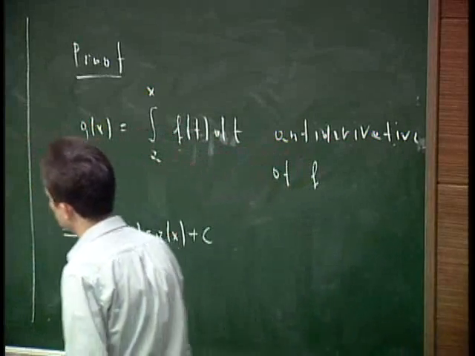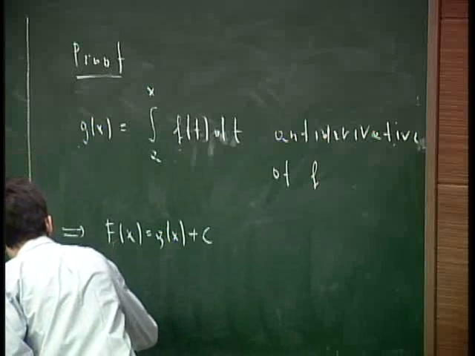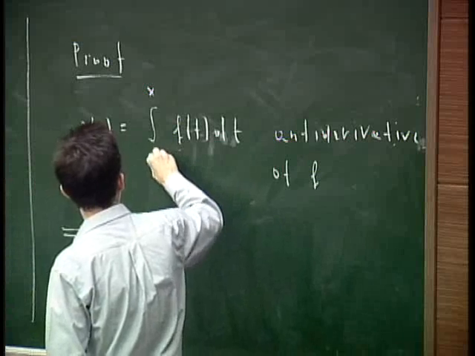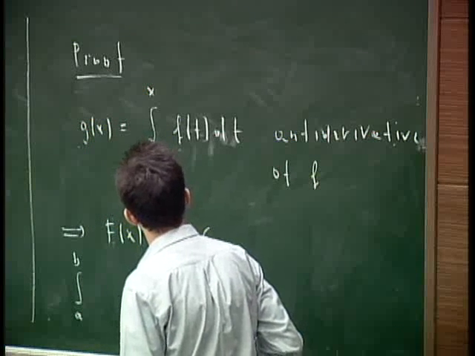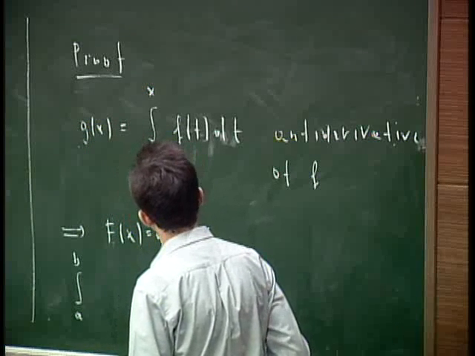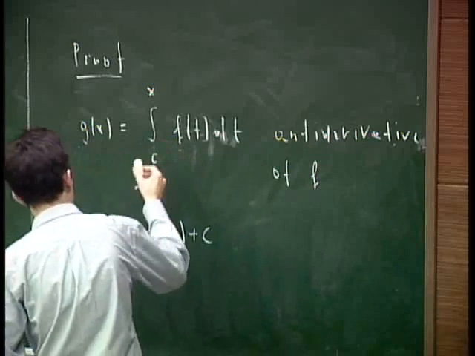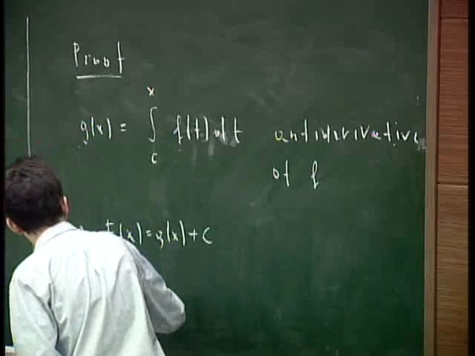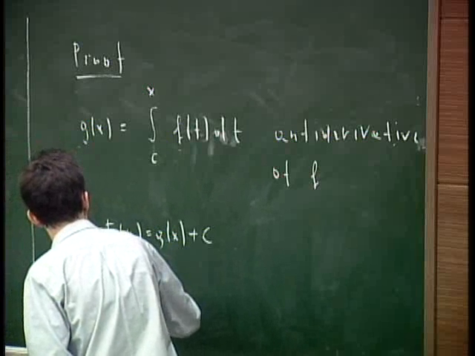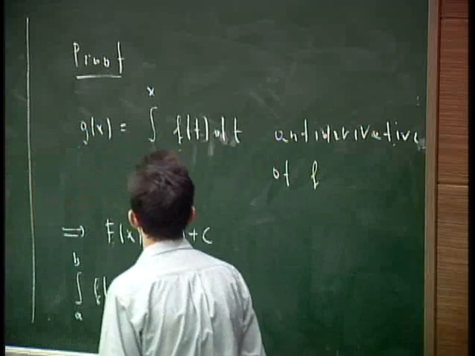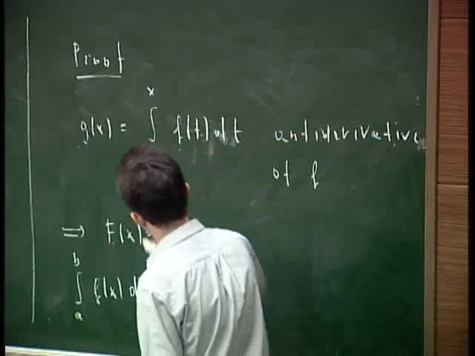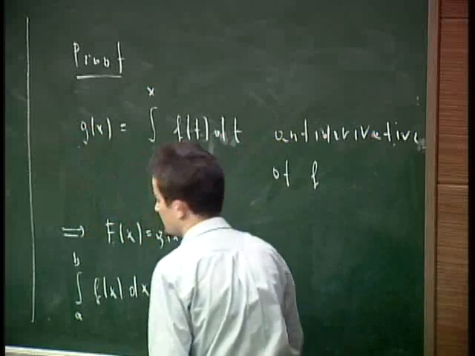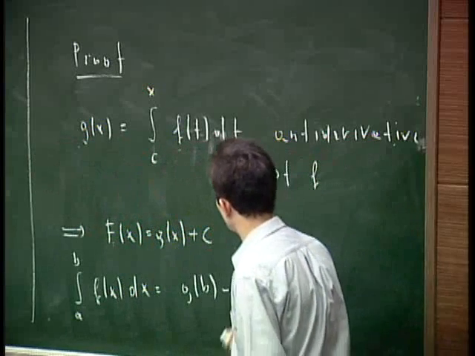But you see that the integral from a to b. Maybe I should write here something different, so let's write a c, just to make this different. So the integral from a to b of f of x dx is equal to g of b minus g of a, by one of the properties of the integral.